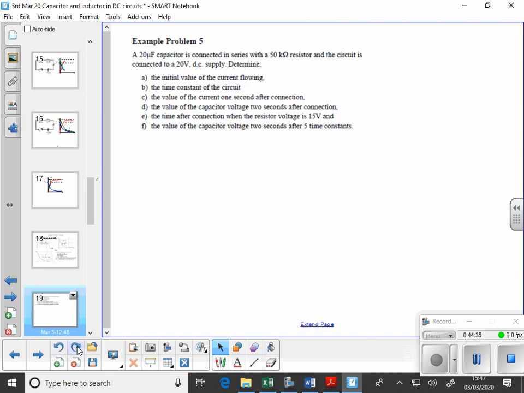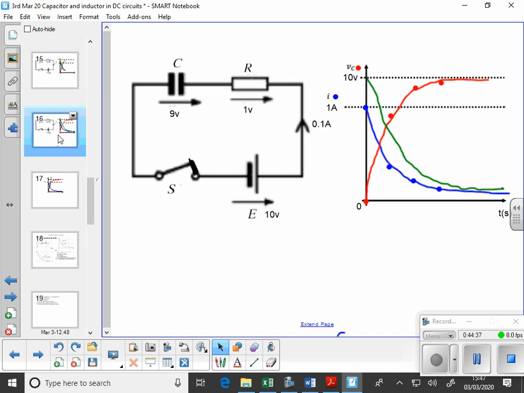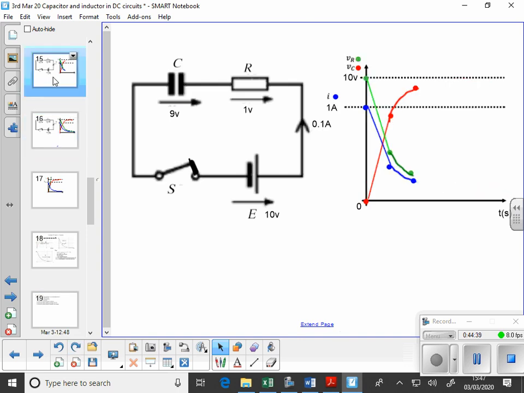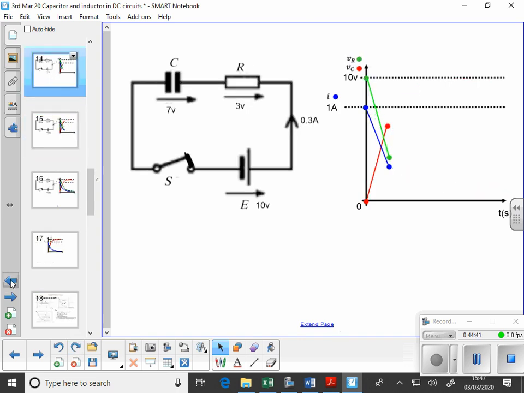Our current has dropped from its initial state down to 0.3 of an amp.